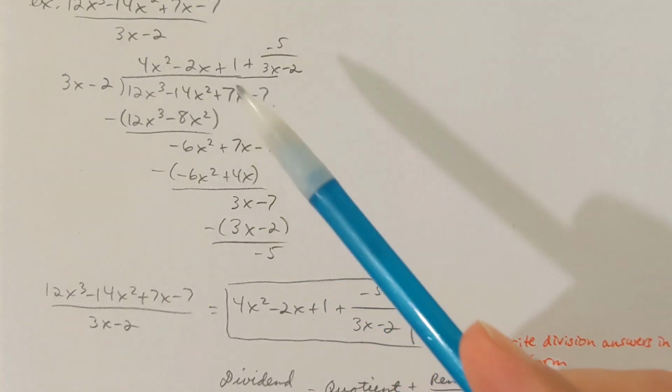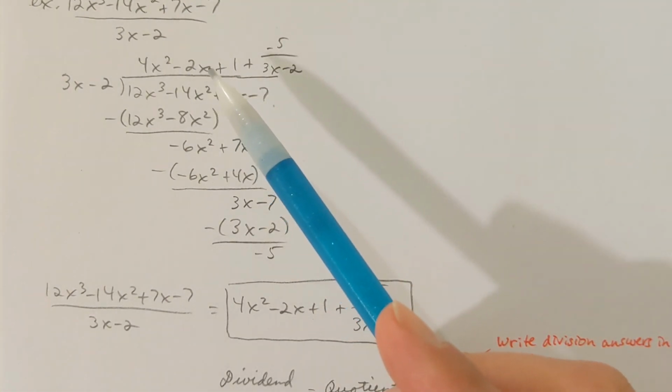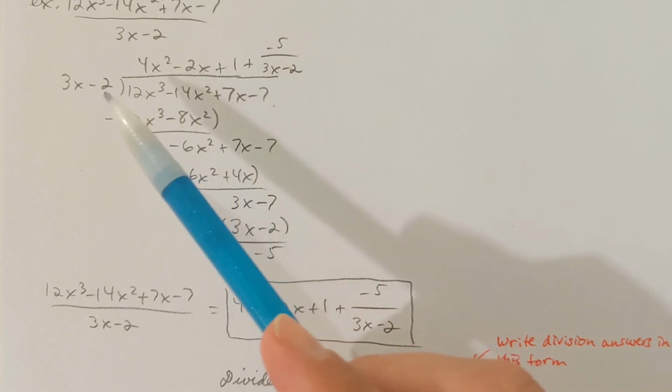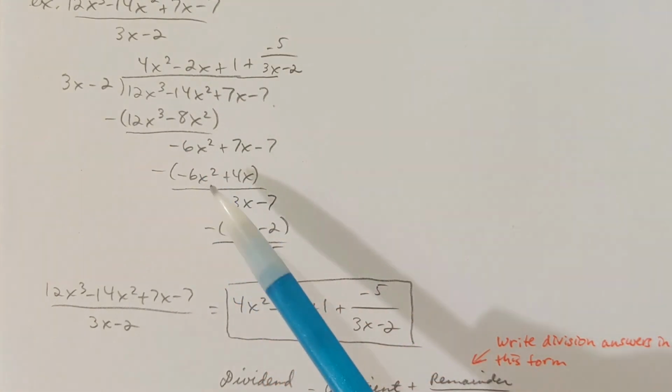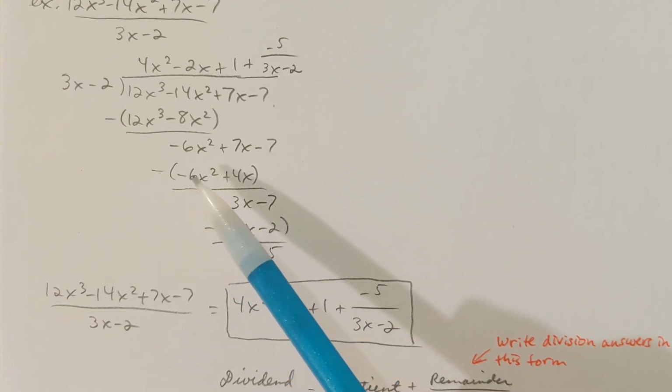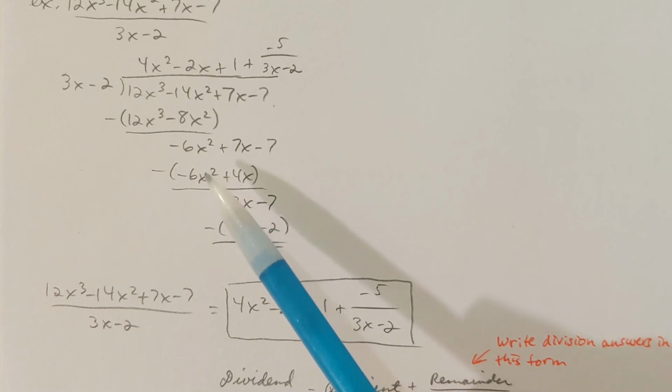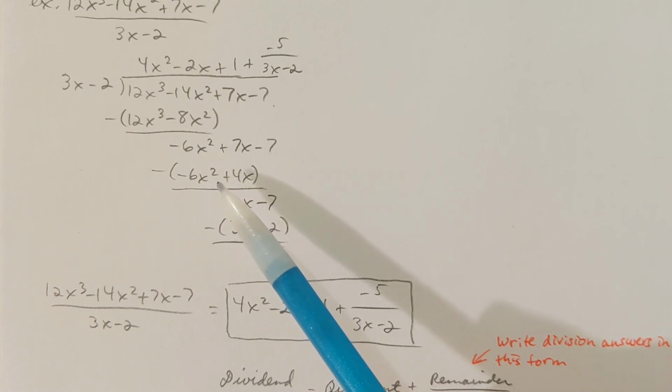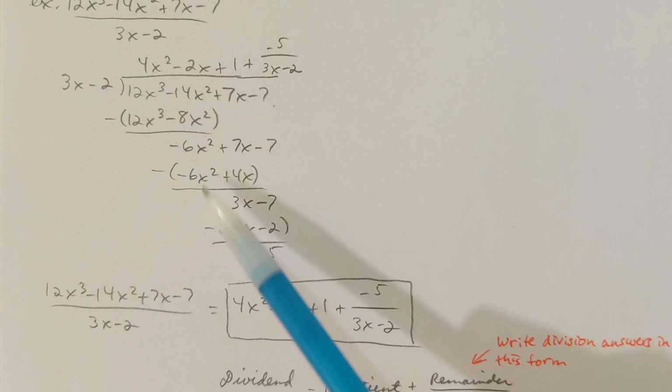If I divide by negative 2x, negative 2x times 3x minus 2 gives me negative 6x squared plus 4x. And I'm subtracting that. Negative 6x squared plus 6x squared gives me 0.